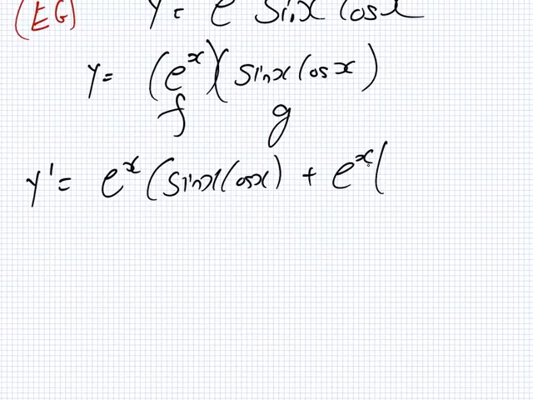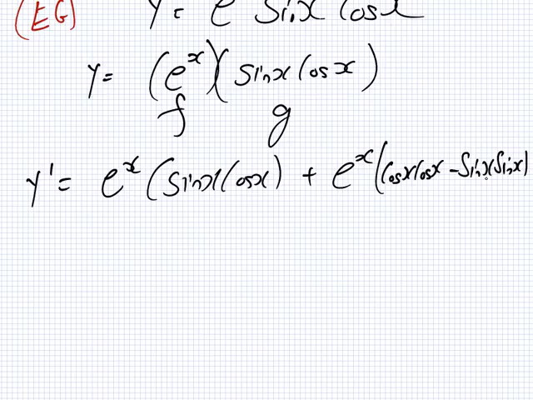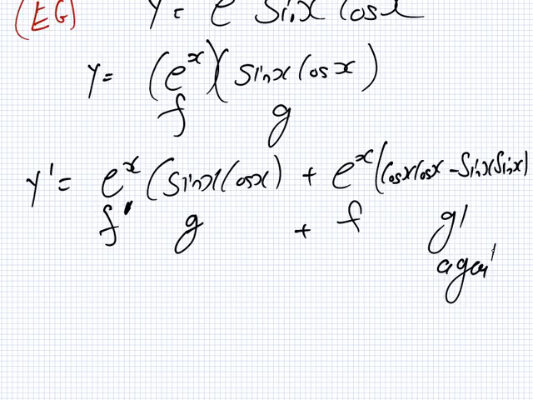So that would be cos x, and then plus, no, it would be minus sin x sin x. This is f derivative g plus f g derivative. So you need the product rule again here for this part, because it's another product. So it's like you have two products.